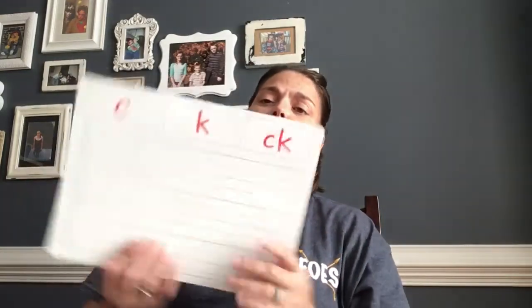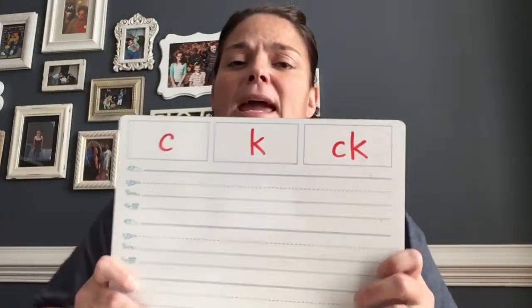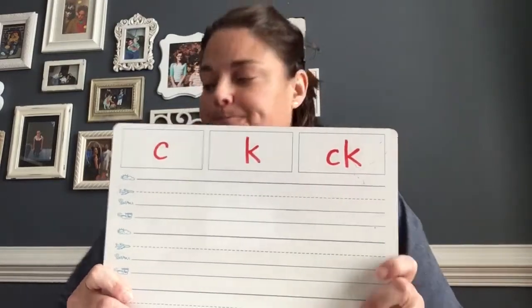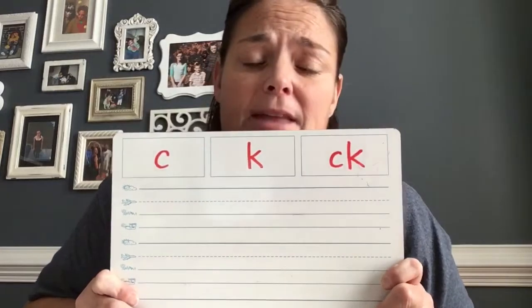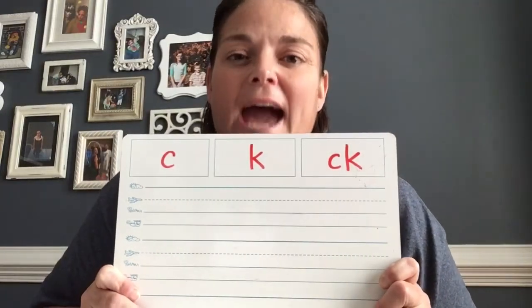But there are words out there that start with k. Let's tap the word cat. K-at, cat. Now, remember there are 3 sounds we talked about that can make the k sound. Which one of these cannot be the k in cat?